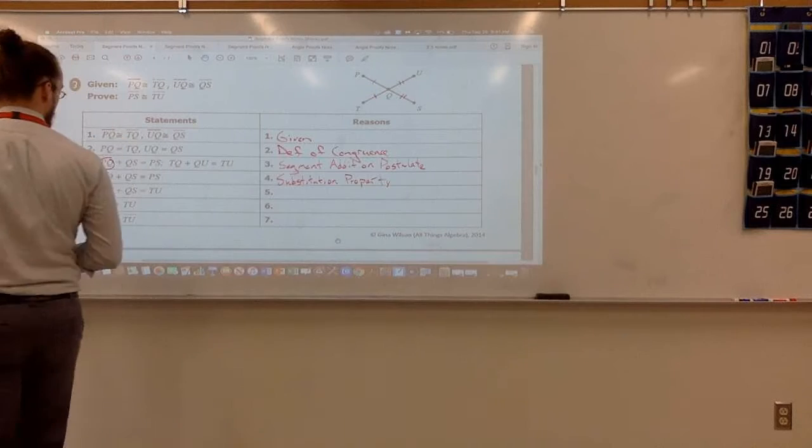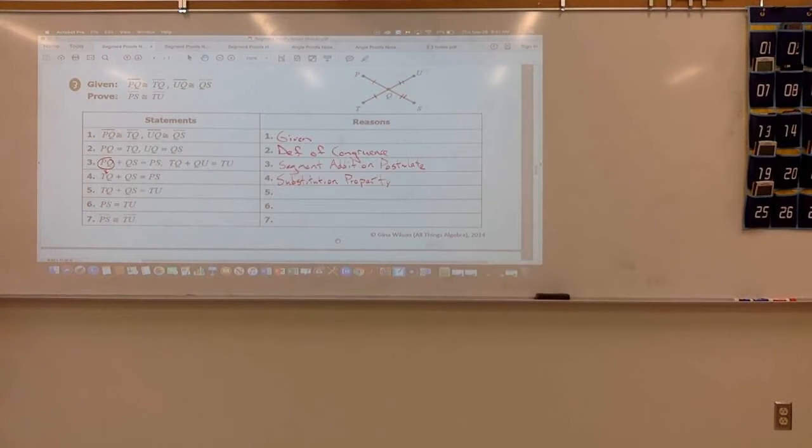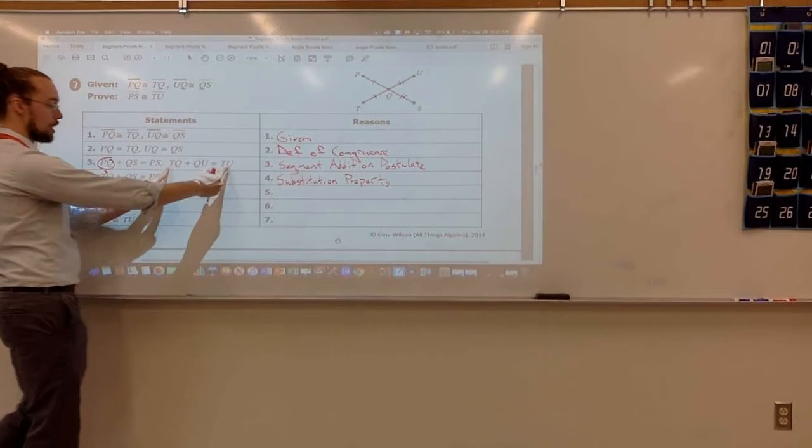Now, they say TQ plus QS equals TU. How can I claim that? We're actually just looking at this equation now.